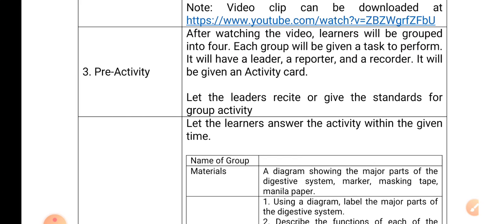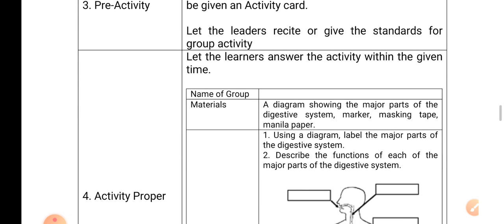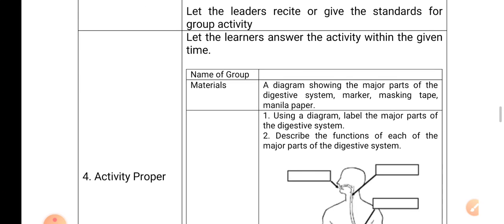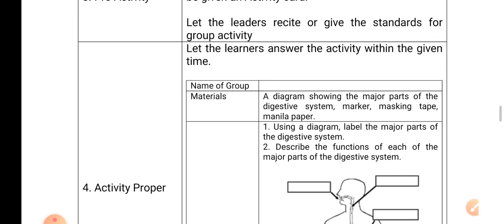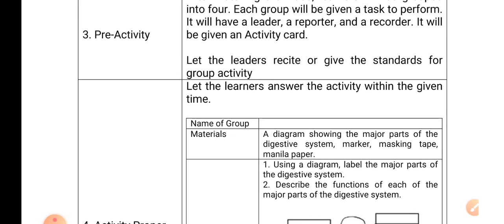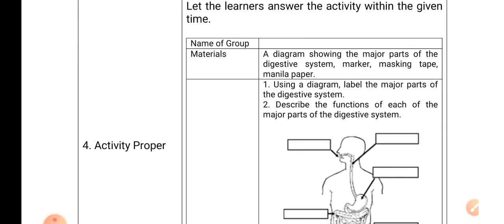Okay, so the pre-activity here is a group activity wherein you will give a task to perform by each group. So they will choose a leader, reporter, and recorder. Let the leaders recite or give the standards for group activity. So what is the activity in this pre-activity? That is your announcement to them. But here is their worksheet.